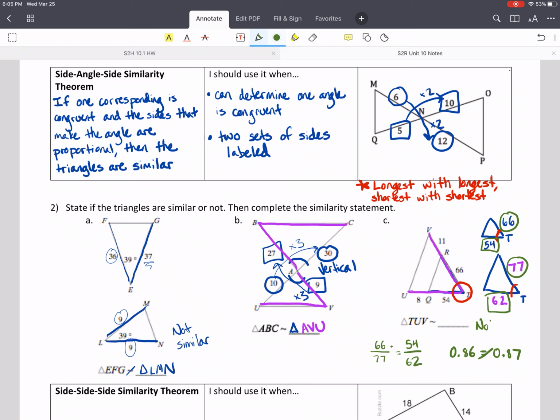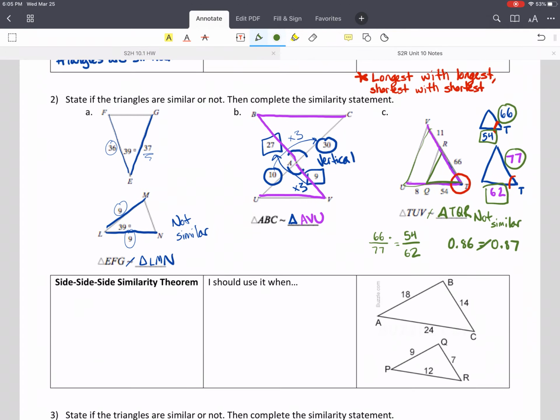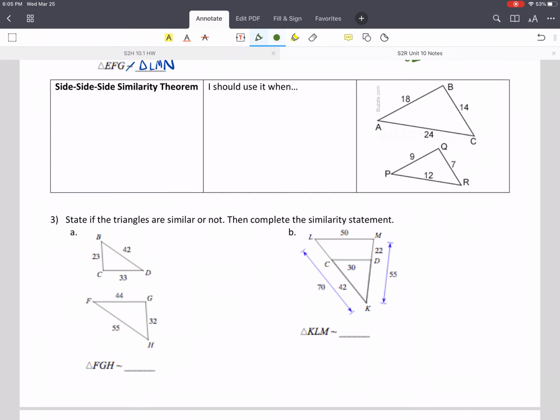So I know these are not similar. Put my slash through triangle, let's see, TUV. Oh wait, it doesn't matter if they're not similar. Well, anyway, there you go. Okay. So that is side angle side.